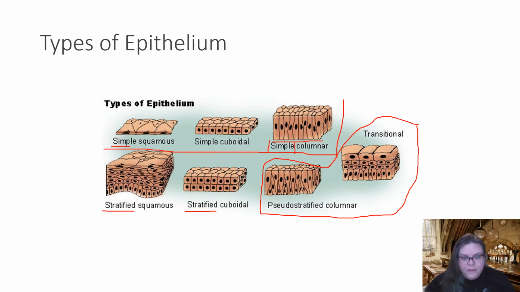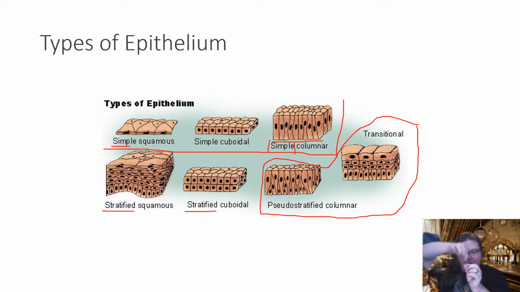Okay, other thing you guys need to be able to do is pick out the basic shape of the cell. So you have your squamous, which basically looks like it's just been smushed. So if it looks like it's smushed, it's squamous. Cuboidal looks like a cube, kind of, in the microscope.